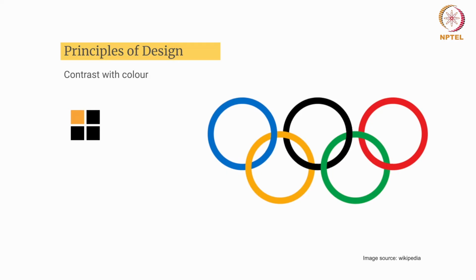Next, these are the Olympic rings. This is the logo for the Olympics, and you can easily see how each ring is different in color, and because of that, contrast of the overall rings is attained. Primarily, it is also known for representing each continent.